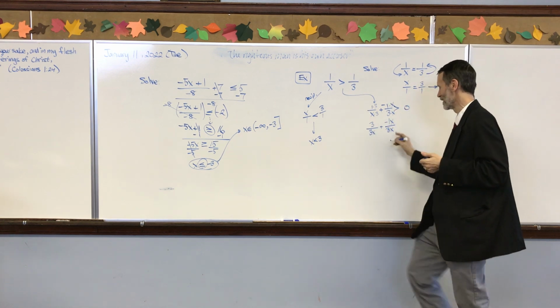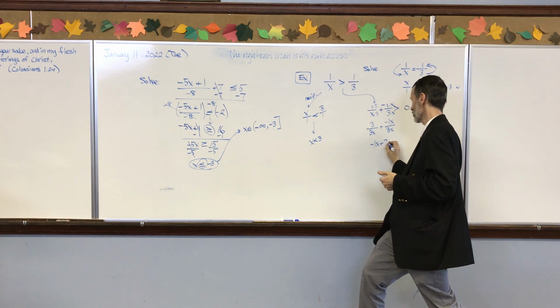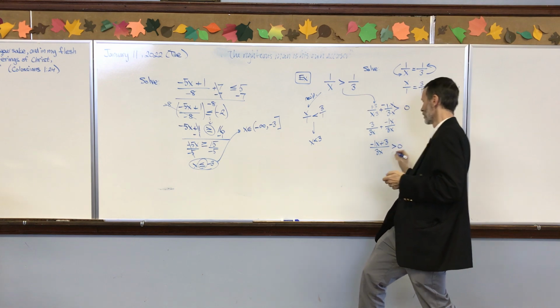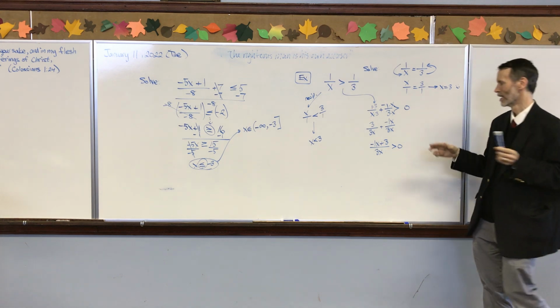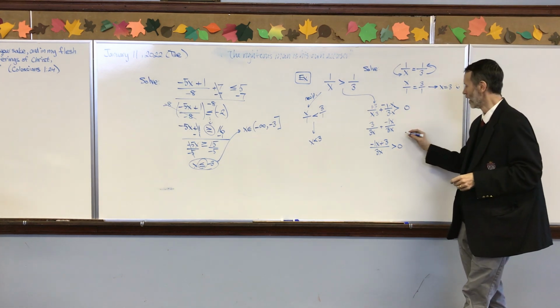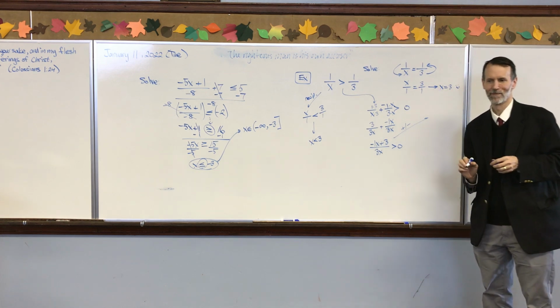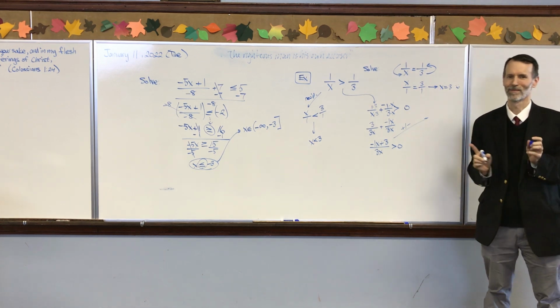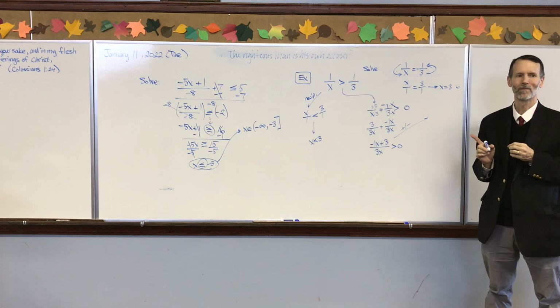And now we can add these up. It's going to be negative 1x plus 3 over 3x greater than 0. This looks a little different than it started off as. Use plus minus notation now. Are there any roots? Where do you look for roots? The top.